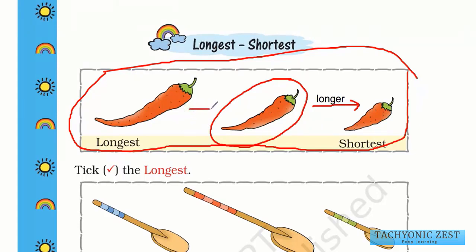And if we compare this one to this chili over here, this chili is longer as compared to this chili and shorter as compared to this chili. So it depends on which chili we are comparing with. That is how we see. This chili is the longest of all these 3, and this chili is the shortest of all these 3.